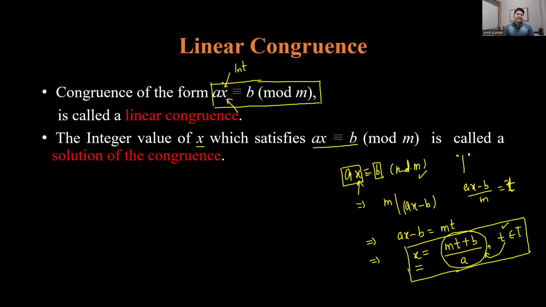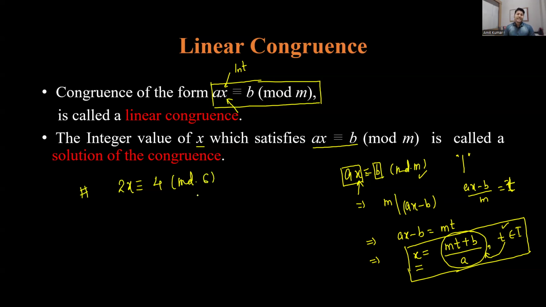Another way is to find it by hit and trial, or in a totally random manner. For example, suppose someone asks to find the solution of the congruence 2x congruent to, let it be 4, in mod, let us take it as 6.